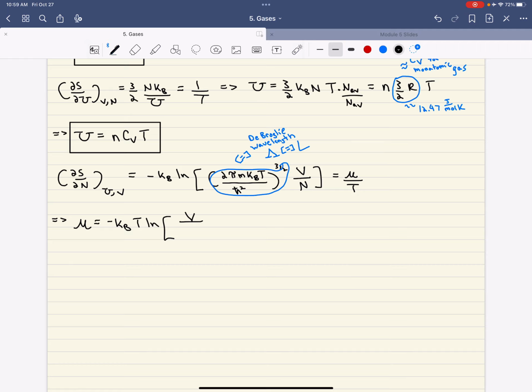We'll have volume here, and on the bottom the de Broglie wavelength cubed so that the units match, and then we'll have N here. This is an expression for the chemical potential, and I'll box this equation in.